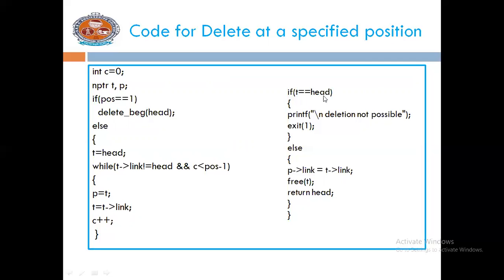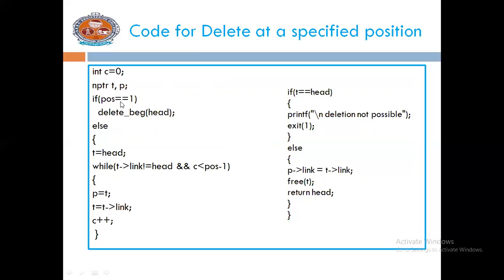So if T equal to head, we can say that deletion is not possible. Why am I saying that? We are starting from the head node, T is equal to head node. At the end of this while loop, we are also at the same position. We initially check the condition whether position is equal to 1 or not.